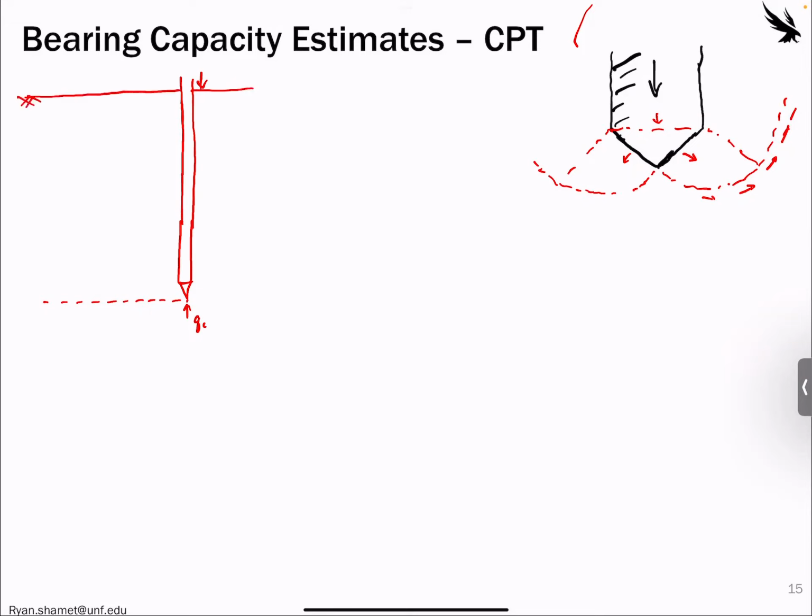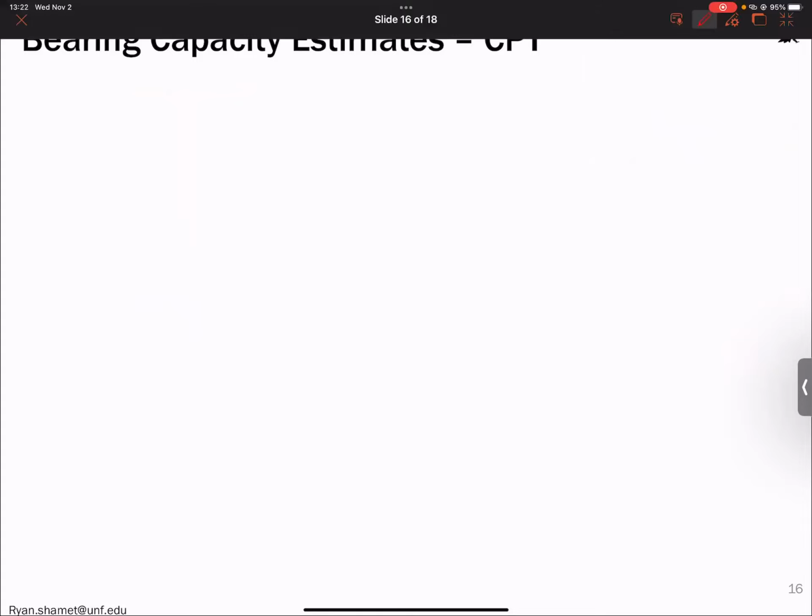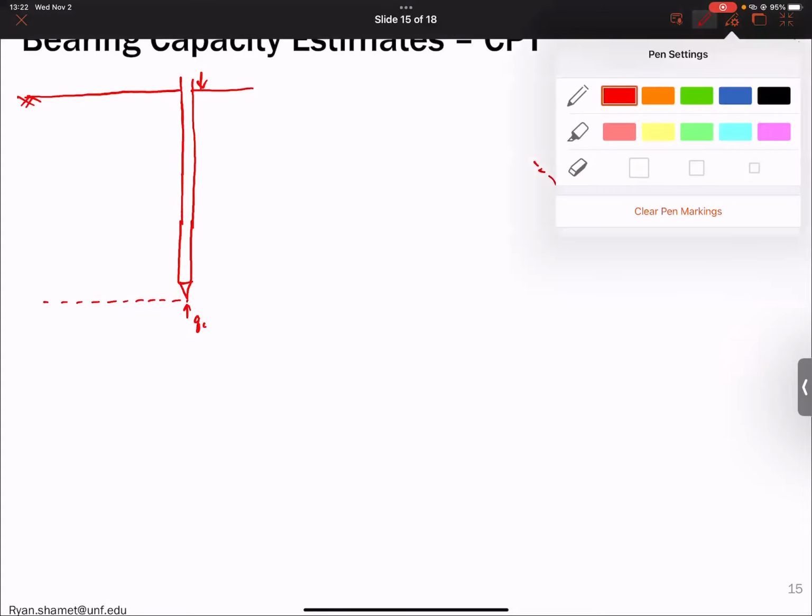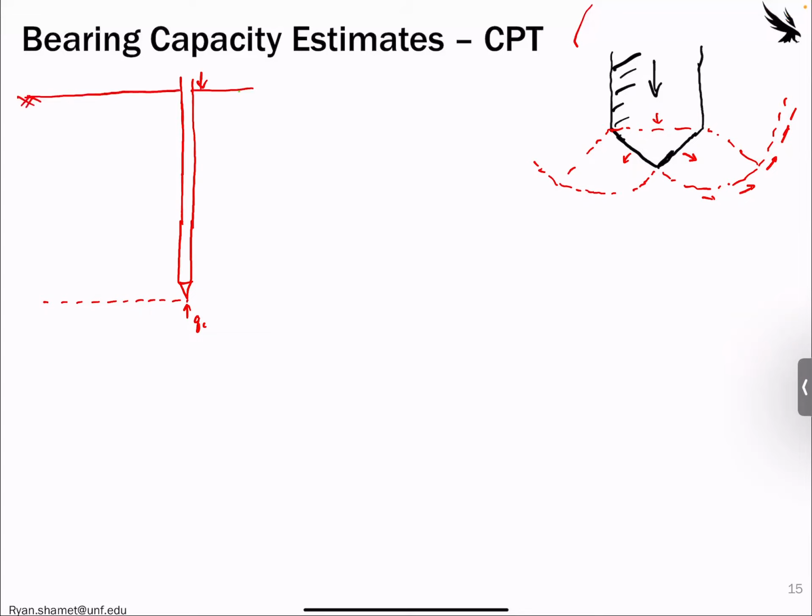Remember, for the tip resistance we're going to have a whole plot, something that looks like a bunch of data that goes like this, and we'll have it past that as well. So this would be the qc plot, the cone tip resistance.